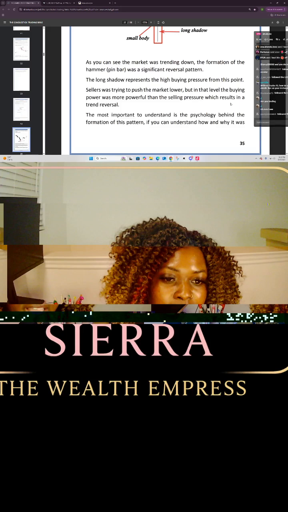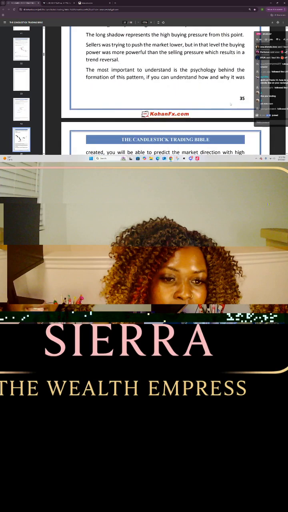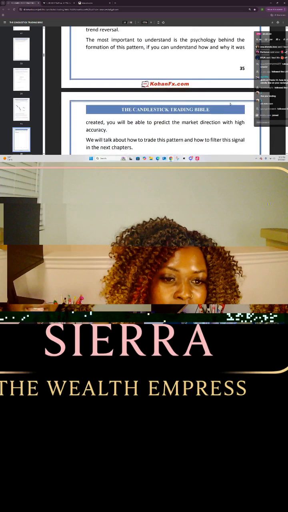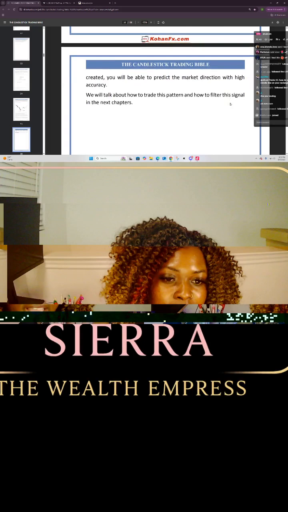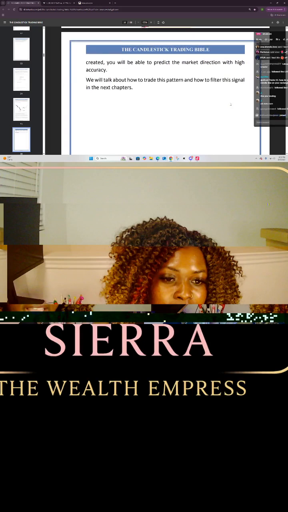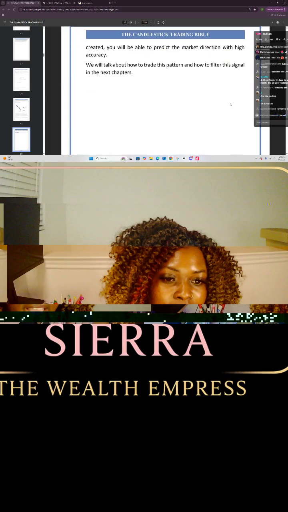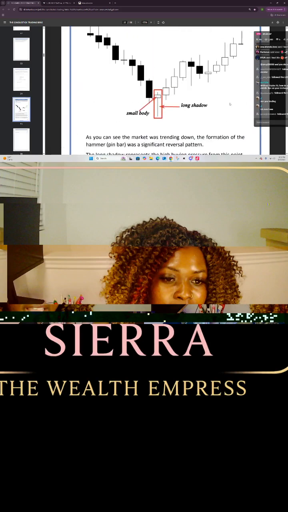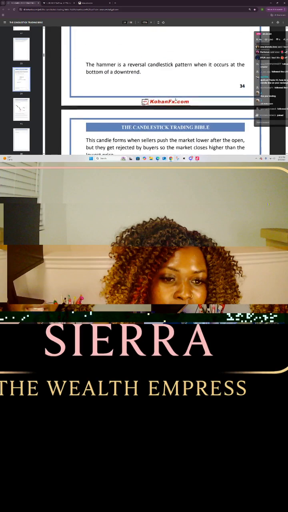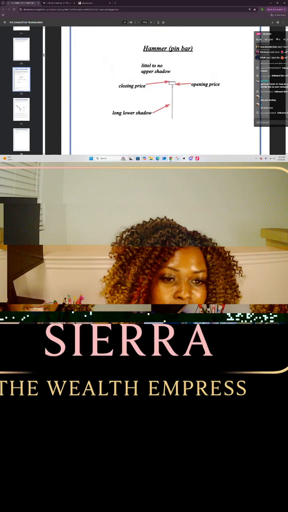The most important thing to understand is the psychology behind the formation of the pattern. If you can understand how and why it was created, you will be able to predict the market direction with high accuracy. Okay? And the psychology behind the pattern is just, again, okay, market opened here.